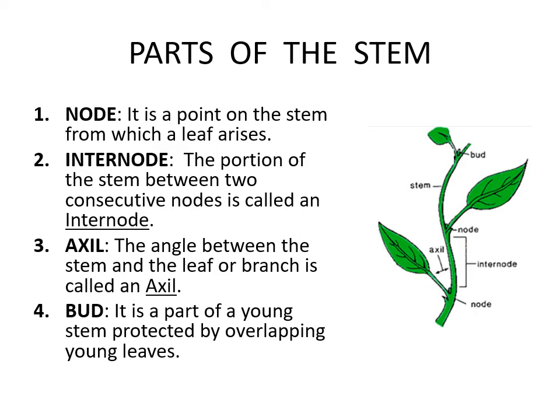The portion of the stem between two consecutive nodes is called an internode. The angle between the stem and the leaf or branch is called an axil, and the bud is a part of the young stem protected by overlapping young leaves.